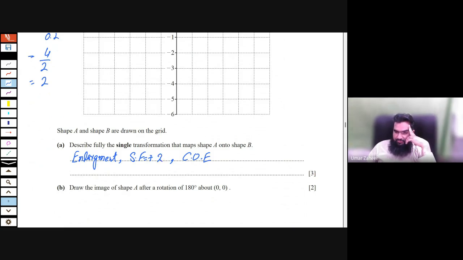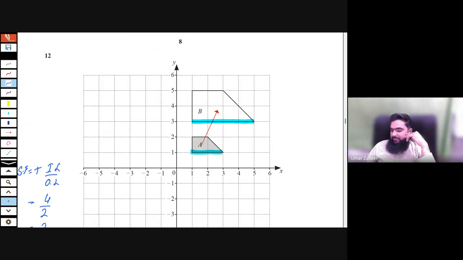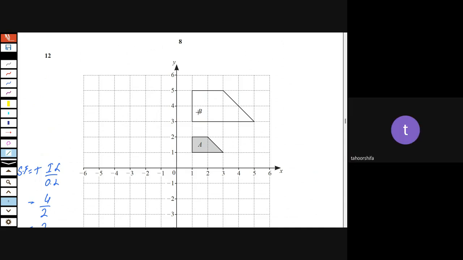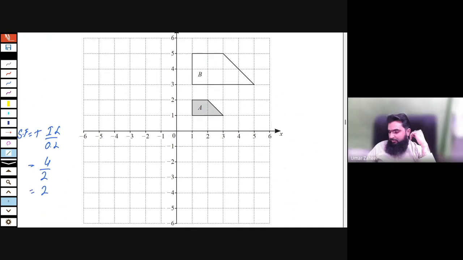Now we have to find the center of enlargement. What will we do for the center of enlargement? We will join the corresponding points and extend the lines.